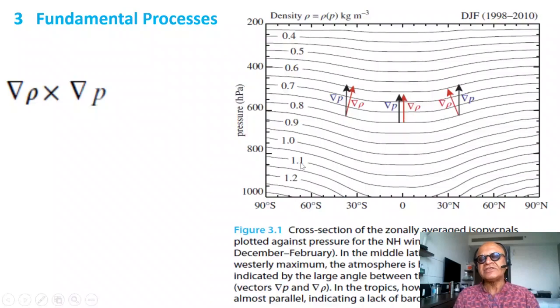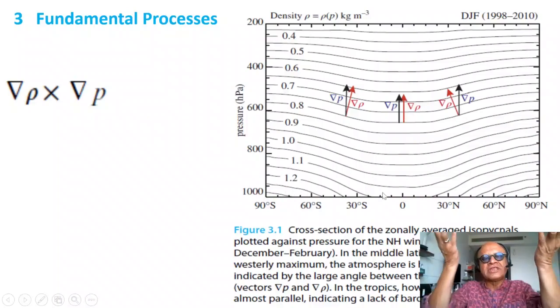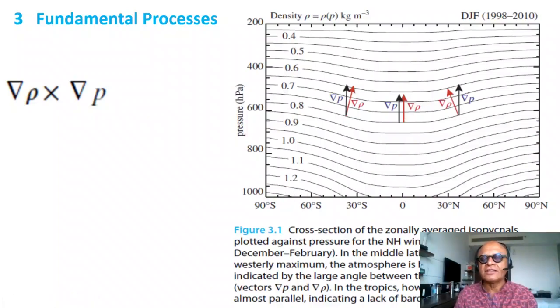But you can get a sense of the stored potential energy here. In a simple sense, you can see that there is heavier air at the surface here than in the tropics. Then why doesn't this heavier air just rush down to the low latitudes and lift up the lighter air?